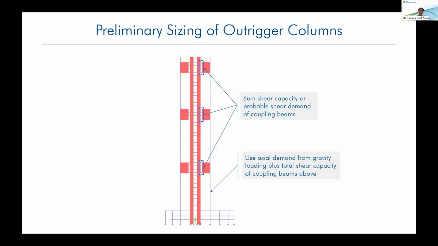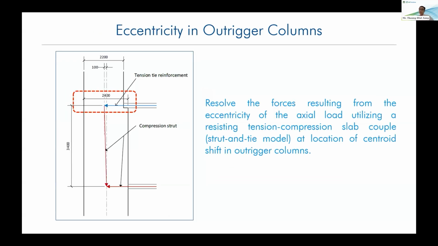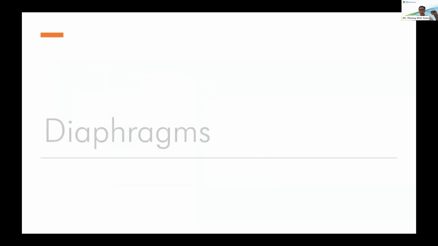That shear demand will be considered as the axial compressive force demand or tensile force demand from earthquake in the outrigger columns. Sometimes we reduce the column size of the outrigger columns in the upper level. Sometimes we have the offset in the columns. So in that case, we can consider that additional moment due to offset by tension and compression strength, to resolve that moment by the tie reinforcement going through the slab.